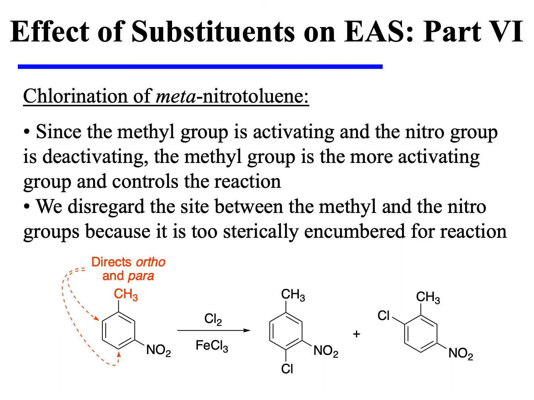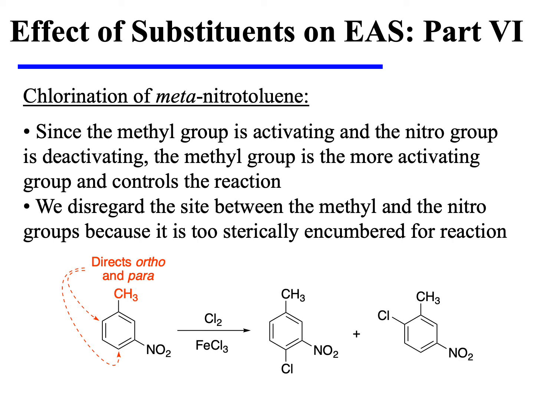Keeping these guidelines in mind, let's re-examine the chlorination of meta-nitrotoluene. The methyl group is activating, and the nitro group is deactivating. So by our first guideline, the methyl group will dictate the course of the EAS reaction since it is the most activating group on the ring.